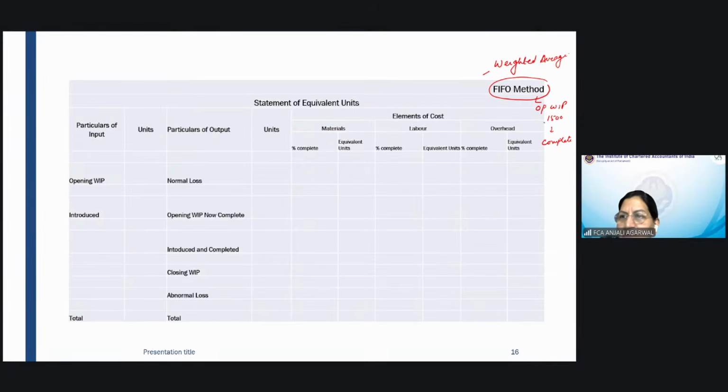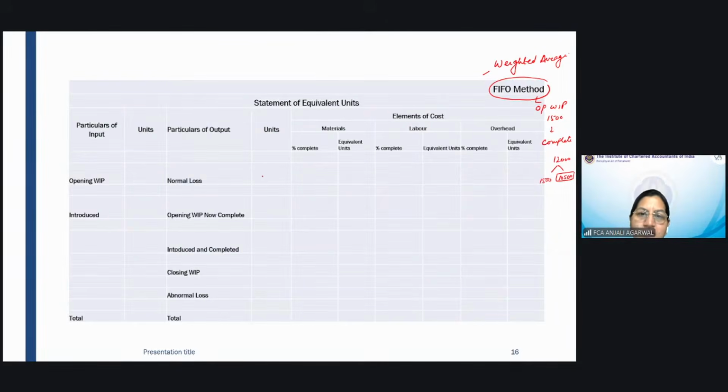Out of the 12,000 units which have moved to the next process, 1,500 are opening WIP and 10,500 units have moved from the current material introduced. This is your assumption when you use FIFO.